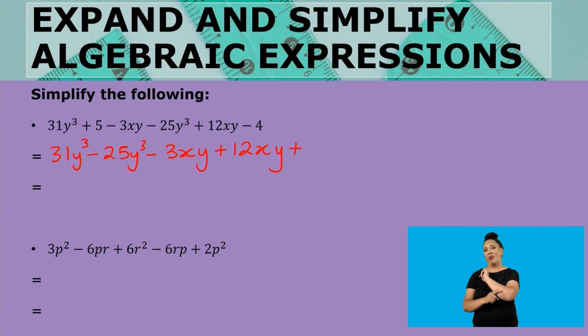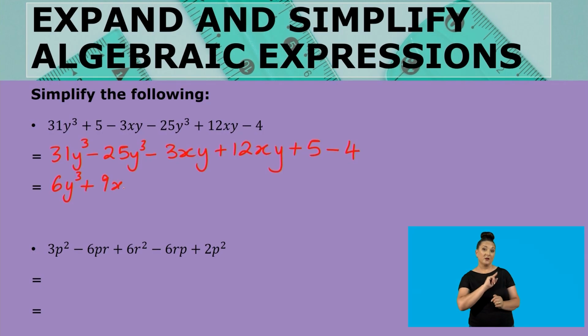And lastly, we have the constants, which is the 5 and the 4. So if we are going to add our like terms here, that is 31y cubed minus 25y cubed, that gives us 6y cubed. And then negative 3xy plus 12xy, that is going to give us a 9xy. And then we have 5 minus 4, that leaves us with a positive 1. And that is our answer.